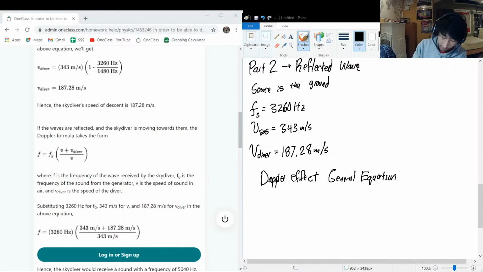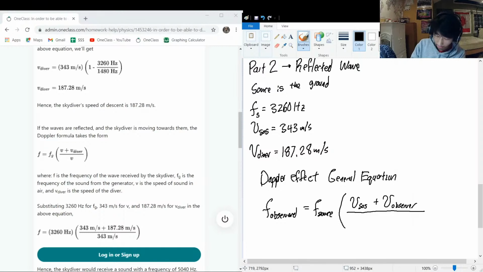Okay, so we have F observed is equal to the F of the source times the velocity of sound plus the velocity of the observer, and then this is over the VSOS, the speed of sound, minus or plus the velocity of the source.